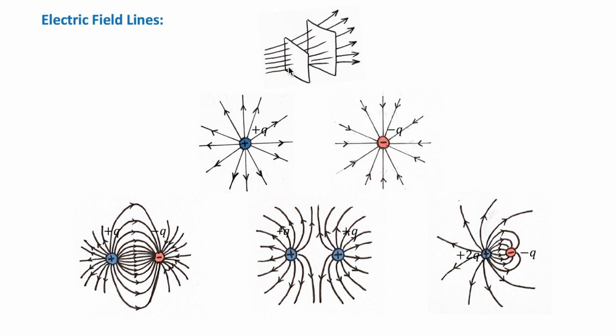So if E is large, the electric field lines are close together, and if it's small, the lines are farther apart. Okay, so as you can see here, the density of lines through this surface is greater than through this one. And so the magnitude of the electric field here is greater than the magnitude of the electric field here.